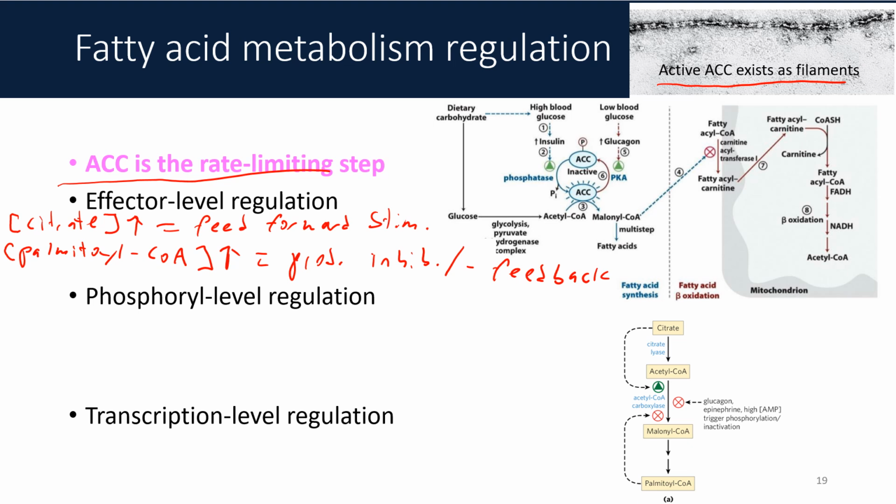The phosphorylation state of ACC itself is directly toggled via hormones too. Glucagon and epinephrine will trigger an AMP cascade, and the product of that cascade is going to be phosphorylation.